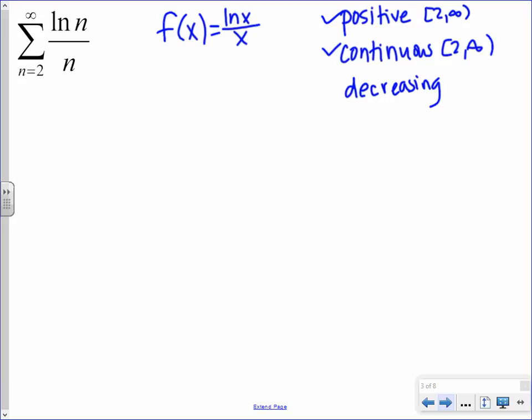All right, so our derivative. The derivative of the numerator is 1 over x times the denominator minus the numerator times the derivative of the denominator, over the denominator squared.